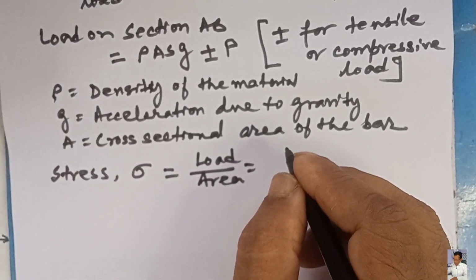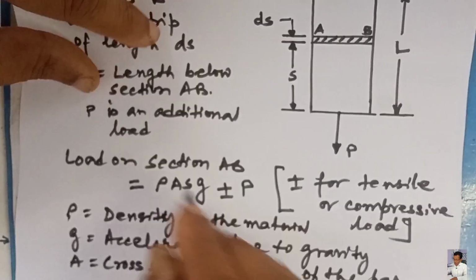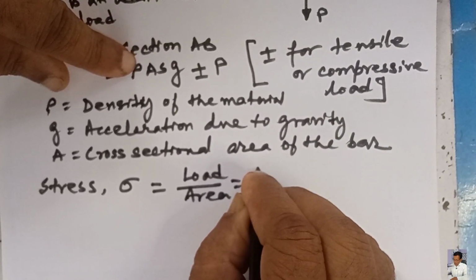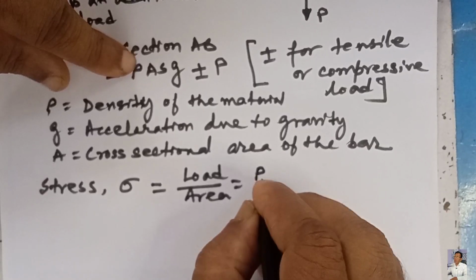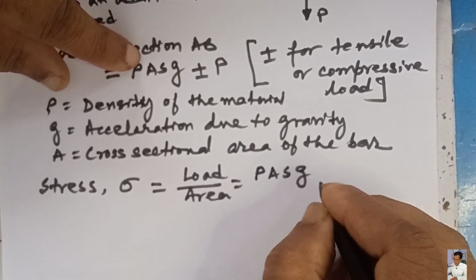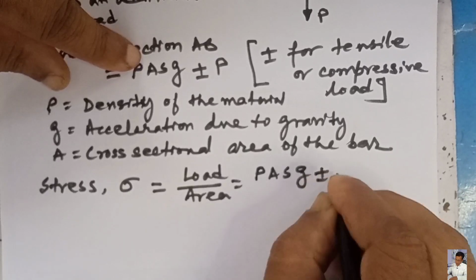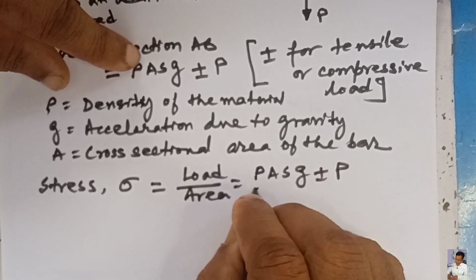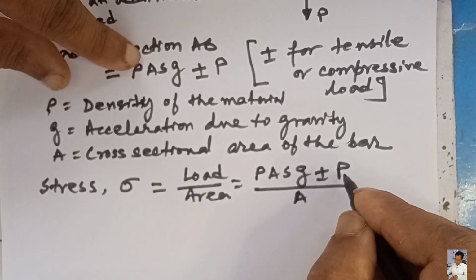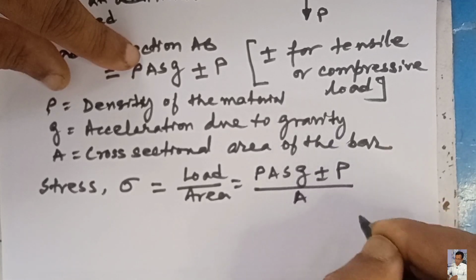Here load is rho A S G plus minus P, divided by A. P is the direct load, tension or compression.